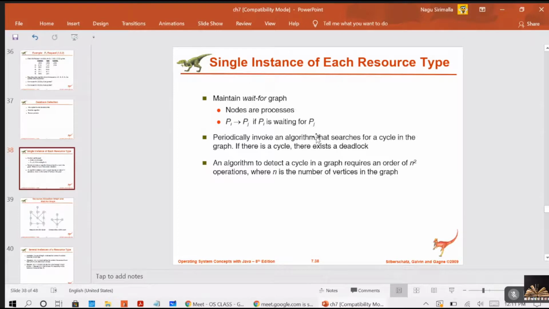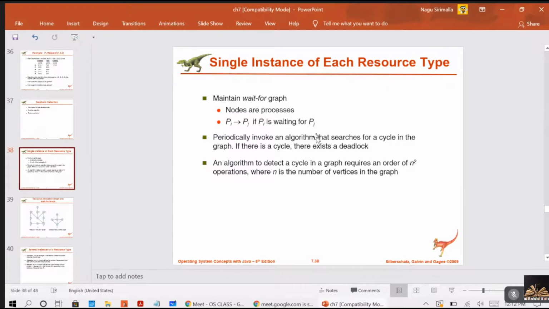An edge from Pi to Pj in a wait for graph implies that Pi is waiting for Pj to release the resource Pi needs. An edge Pi to Pj exists in the wait for graph if and only if the corresponding resource allocation graph contains two edges, Pi to Rq and Rq to Pj, for some resource type Rq.